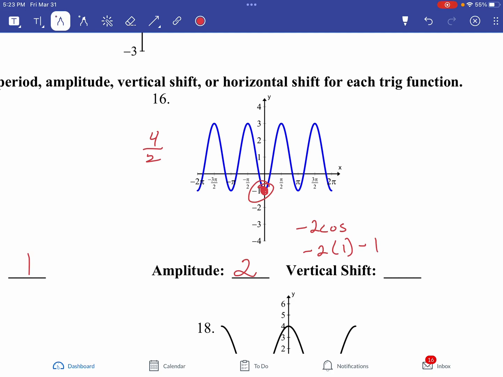We have to subtract 1 to get it down to, nope, we can't do that. We have to add 1 to give us negative 1 as a starting point. So our vertical shift is going up by 1. Negative 2 times 1 plus 1 gives us negative 1. So that's where the starting point is. So our vertical shift was the adding of the 1.